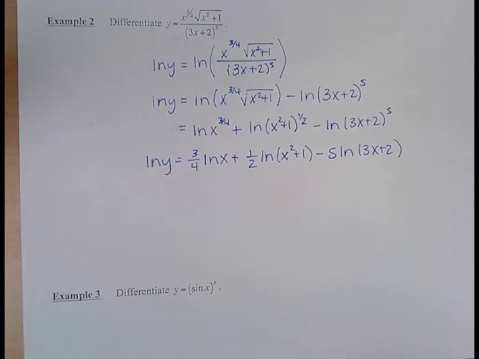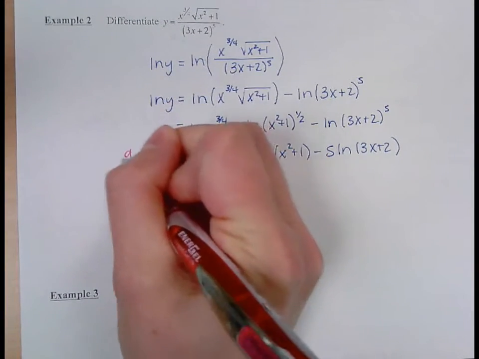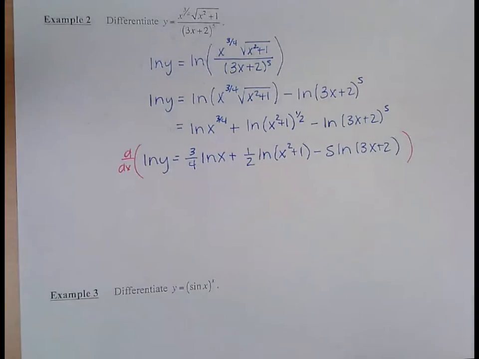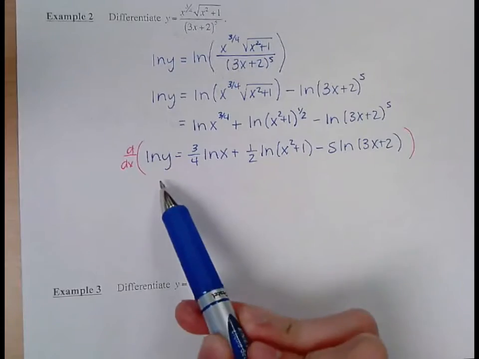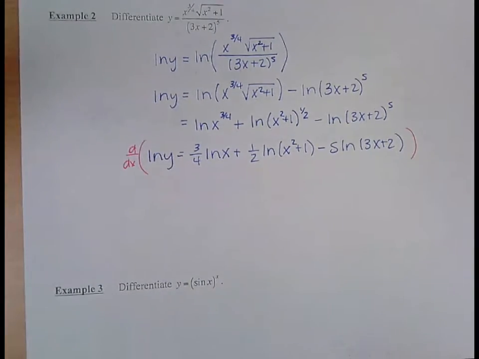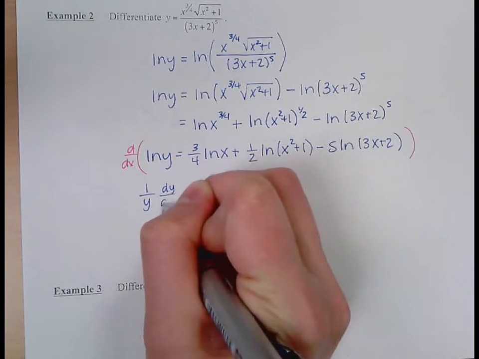So now I'm just going to write taking the derivative with respect to x of everything on both sides. And the left side is always the same thing. The derivative of the natural log of y is 1 over y times dy dx.